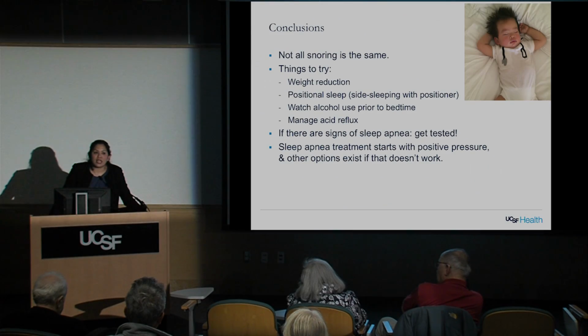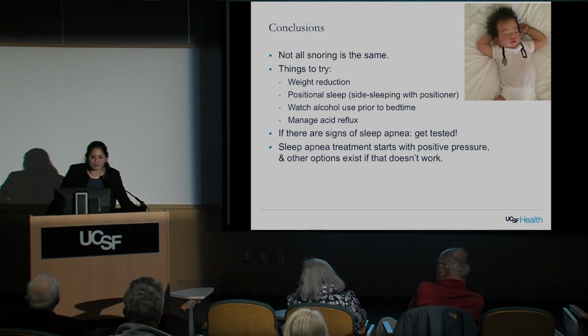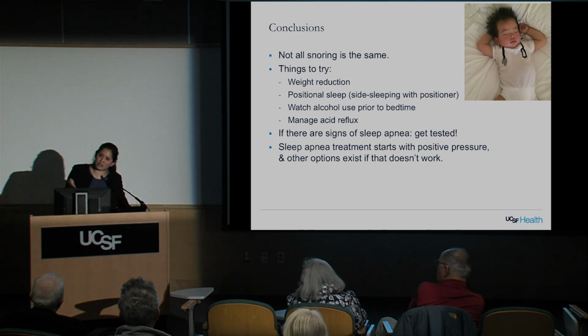So the question is, what's the difference between CPAP and BiPAP, which is the other one, and when to use them? CPAP is continuous positive airway pressure. It is the most commonly used device to apply pressure when you're trying to breathe in during sleep.